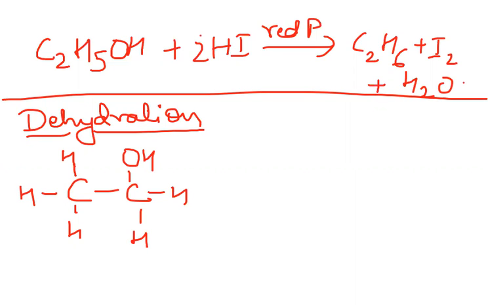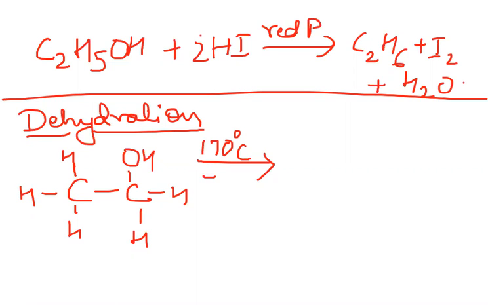When this is supposed to undergo dehydration, either the dehydration will occur between two different molecules of ethyl alcohol, or it will occur within that same molecule of ethyl alcohol. That will depend upon the temperature. If you are using a higher temperature, usually if a temperature of 170 degrees Celsius is mentioned, then I used to remember the reaction like this: if the temperature is high, the molecule does not need another molecule to give out a water molecule.